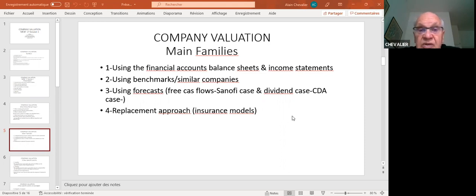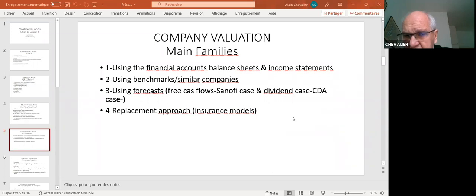Because they are supposed to be included in the calculation of the value. And of course, we don't know how to make the calculation, because it's too difficult to forecast the free cash flows of the company 15 years from now. So we need what we call a terminal value calculation, which is the only way to solve this difficulty.